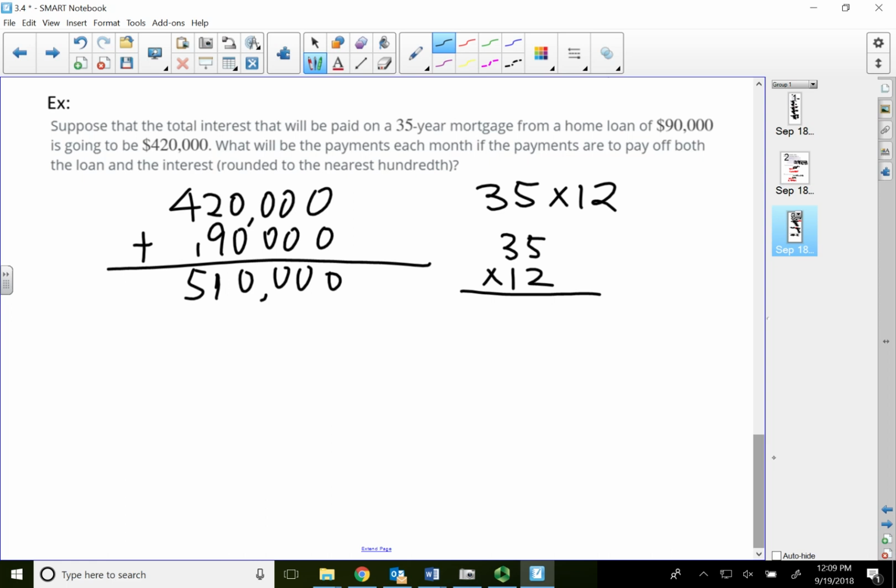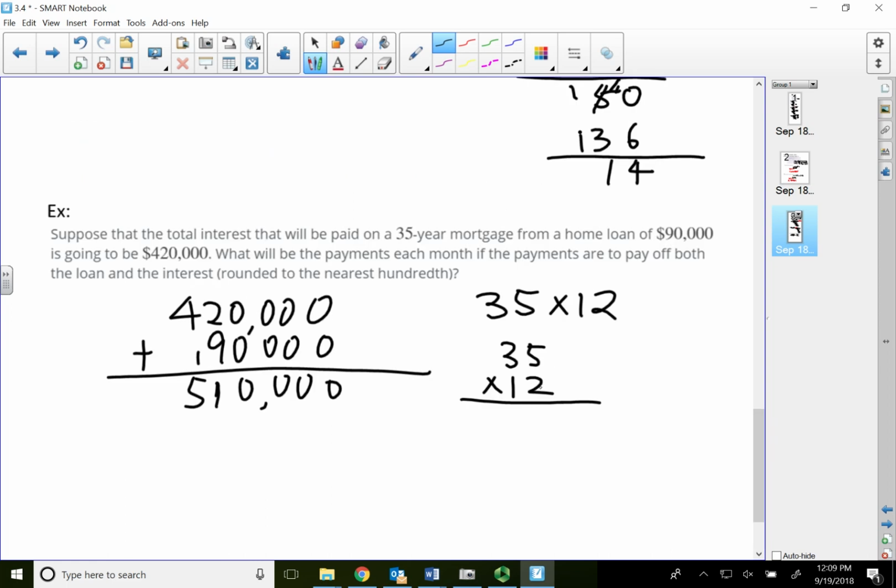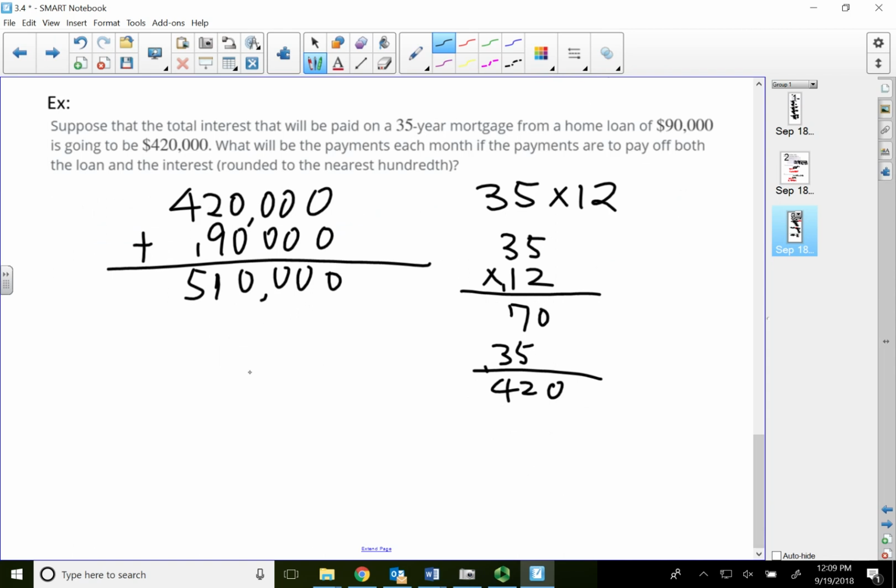I know 30 years should be 360 payments, so this is slightly more than that. 35 times 12 is 420 payments. So we take $510,000 divided by 420 payments.